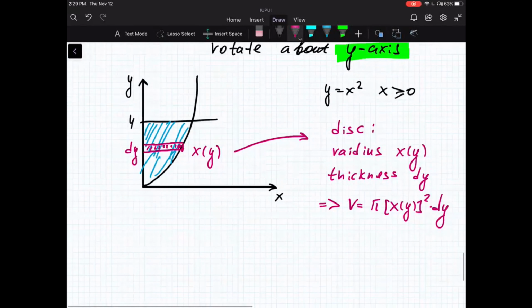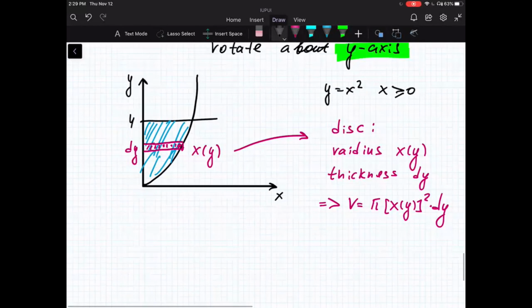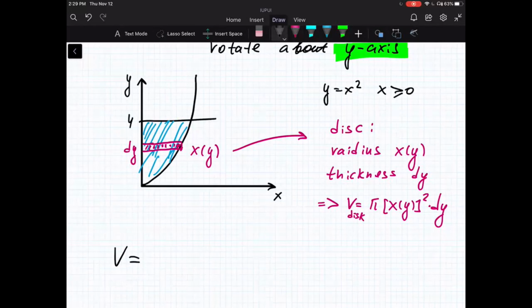And then I need to sum up all such small disks and obtain that the total volume of my solid of revolution will be the integral, which is the same as summation, of π x of y squared dy.